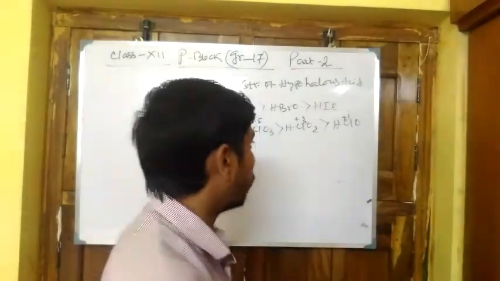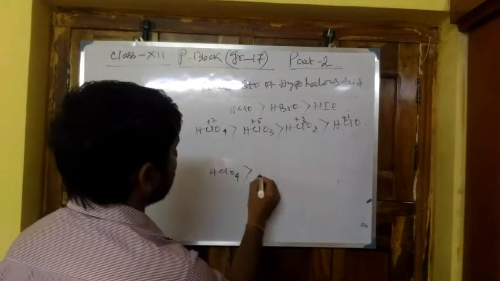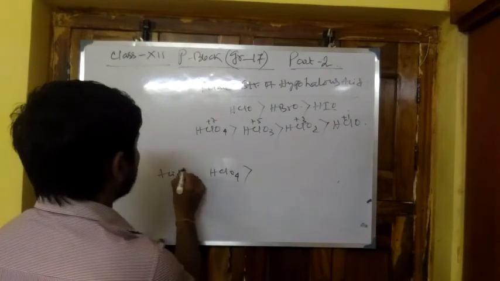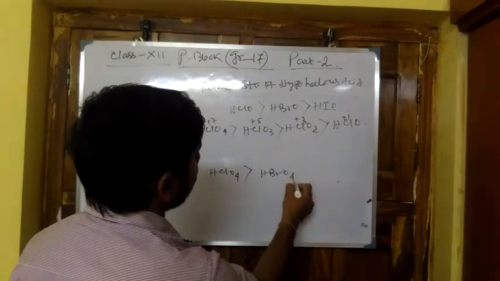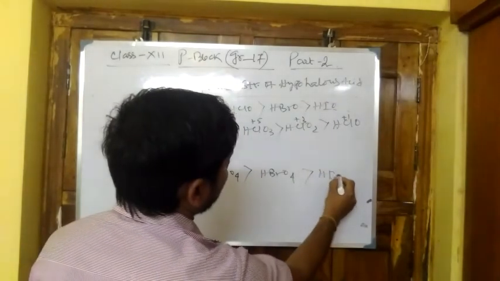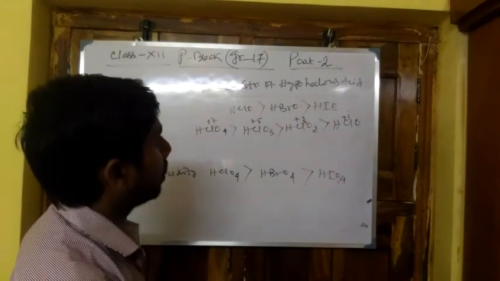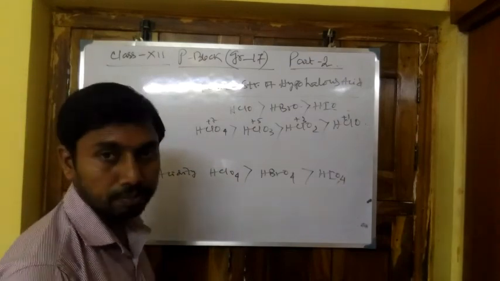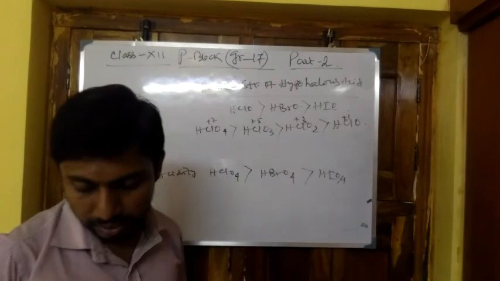So the acidity of HClO4 greater than HBrO4 greater than HIO4. So this is all about the acidic strength.